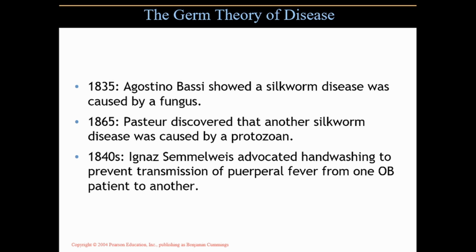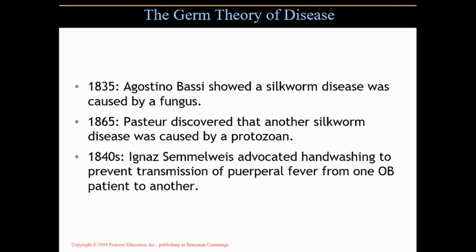So they would be dissecting a cadaver. A doctor would say, hey, Sally needs to deliver a baby down in room 3. The medical student would just wipe his hands off on his apron, no gloves, nothing, and then go down and deliver a baby. If he had to manipulate this baby in any way, he would transmit dead, decaying flesh from the cadaver into the woman's uterus, and that would lead to what's called puerperal fever, and many of these new mothers died.